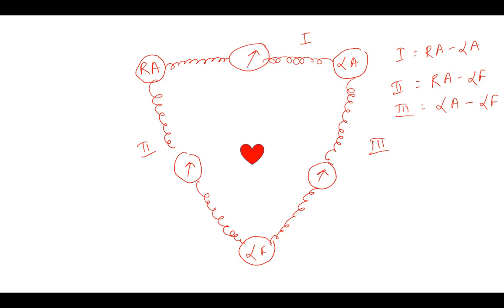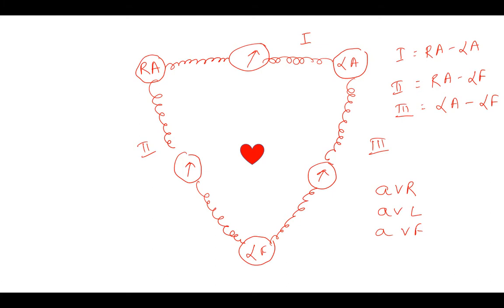Now we have another set of leads and we call them augmented limb leads, and these augmented limb leads are AVR, AVL and AVF. You already know by now that a lead is a pair of electrodes.